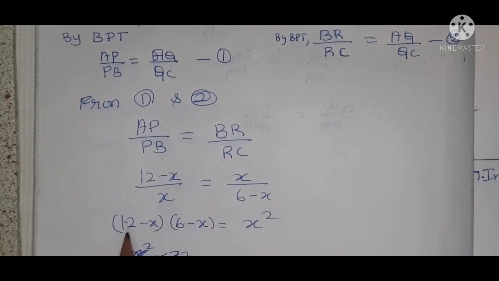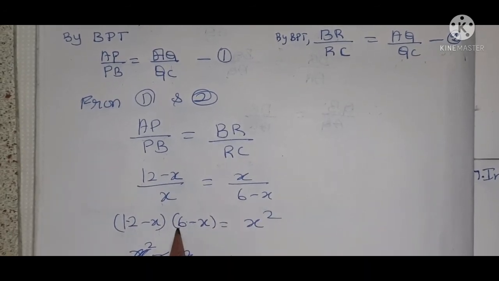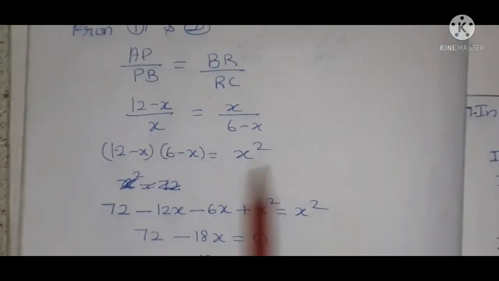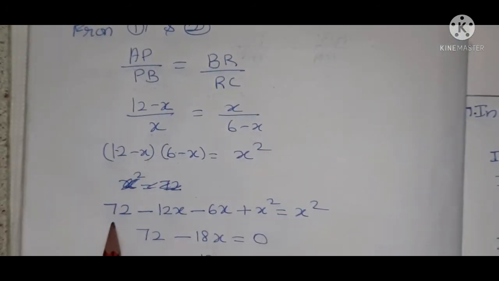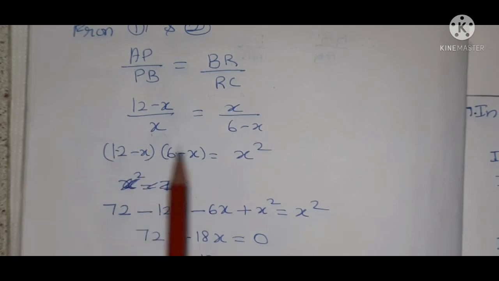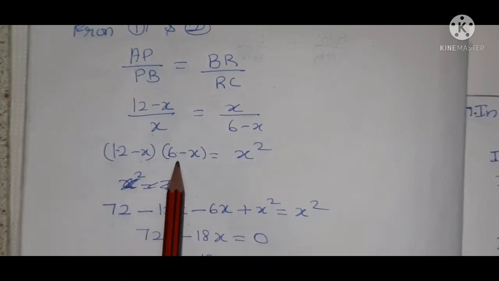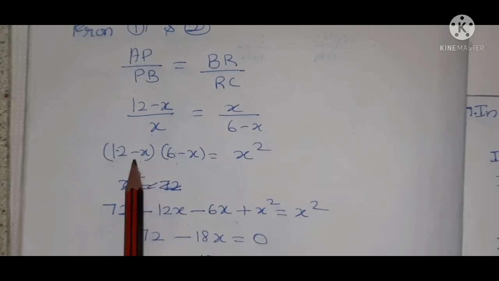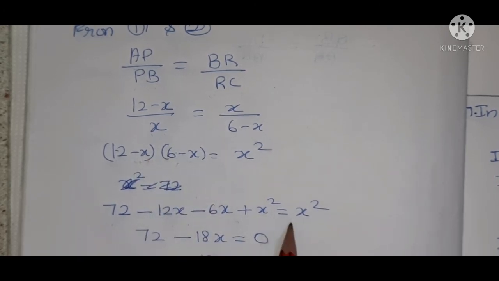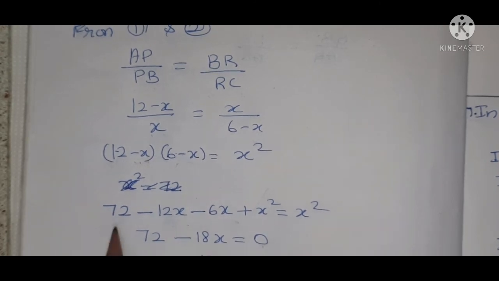Cross multiplication, we get (12 minus x) into (6 minus x) is equal to x into x, x square. 12 into 6, 72, minus 12 into x, minus 12x. Minus x into 6, minus 6x. Minus x into minus x, x square is equal to x square. x square cancels, equal to 0. 72 minus 12x minus 6x, minus 18x plus 72 is equal to 0.